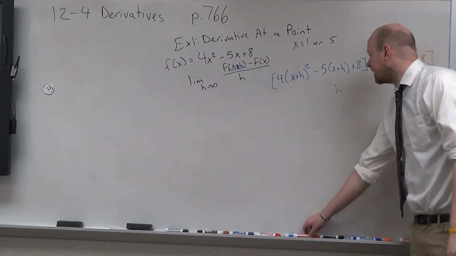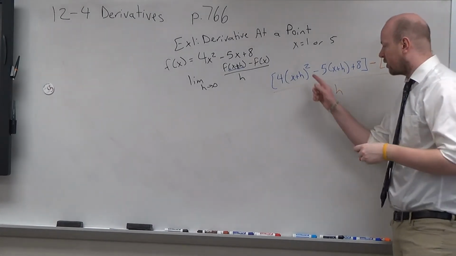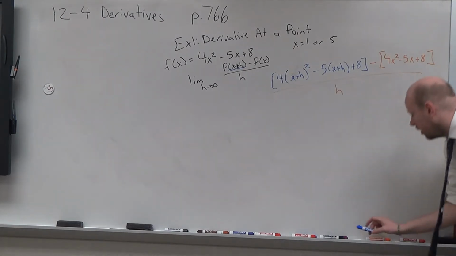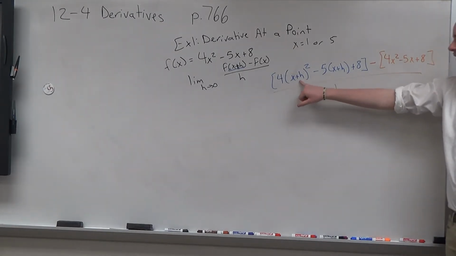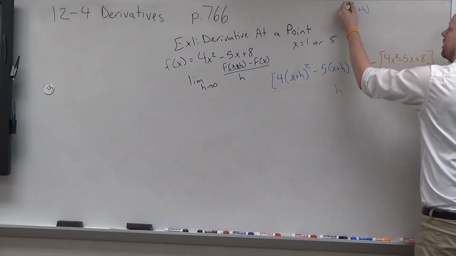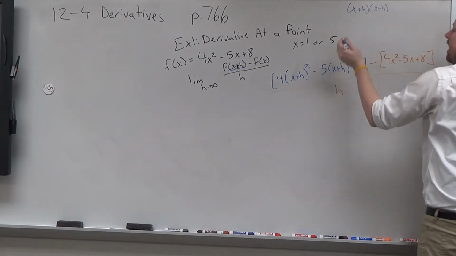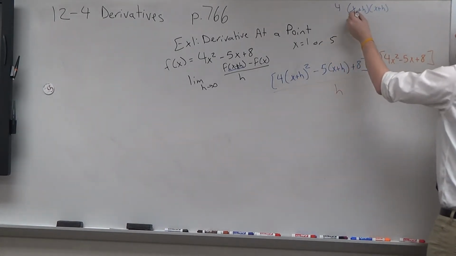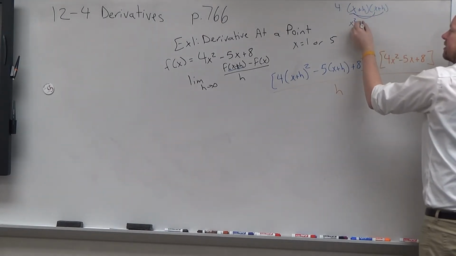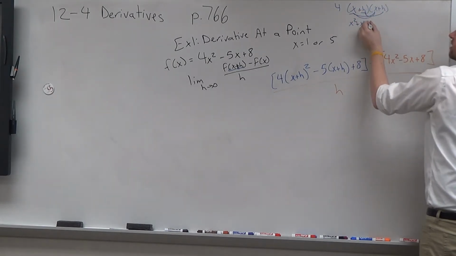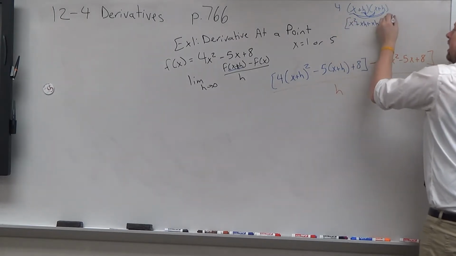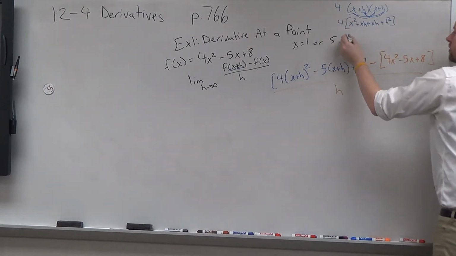Okay. Well, it's a little messy, and we still have to do some algebra to clean up, more specifically on the f of x plus h section. Parentheses first is the order of operations. So I need to do x plus h times x plus h, and then multiply it by 4. x times x gives us x squared, x times h gives us xh, h times x, xh, h times h, h squared. And then of course I have to distribute my 4.